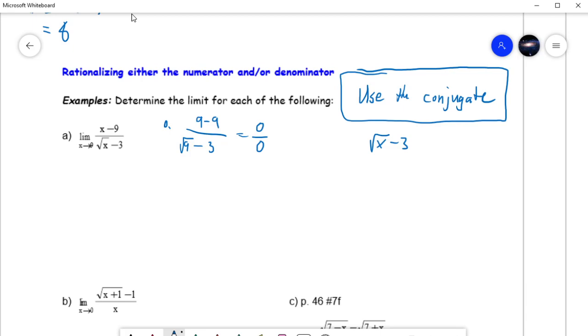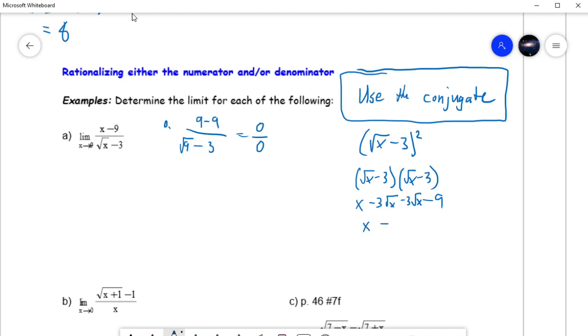Now, normally, what you think to get rid of a root is you square something. So what if we squared this? We'd get root x minus 3 times root x minus 3, and that gives us root x times root x, which is x, root x times negative 3, which is negative 3 root x, negative 3 times this again is this, and then we have minus 9.